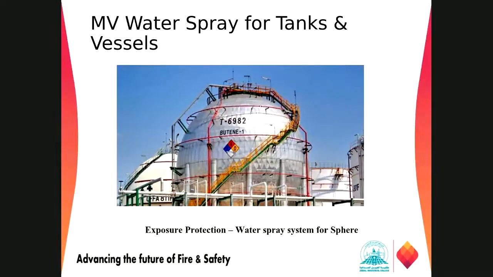So what will happen if there is a fire on this side? You can see there is one tank. If the fire is in these areas, the heat from this area will come to the surface of this sphere, this equipment, and increase the temperature. The water spray will cover the complete area of the tank, all the outer surface, just to maintain the temperature so that it doesn't go higher.